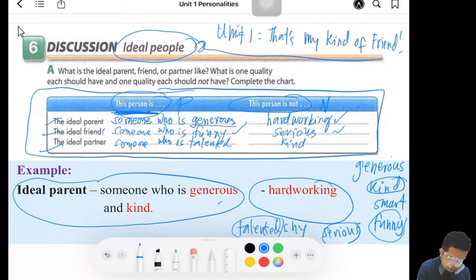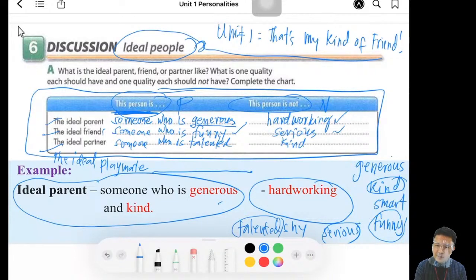Another example is the ideal playmate. Playmate when you play video games, football, basketball, badminton, or any type of sport or video sports game. So you also need to write a positive and a negative personality of your playmate. For example, the ideal playmate. So this person is, for example, smart.